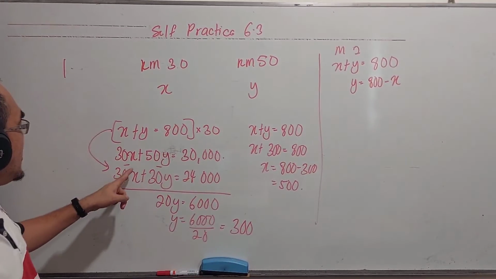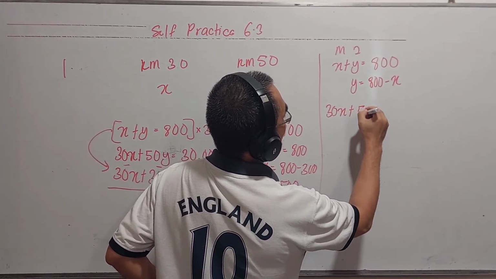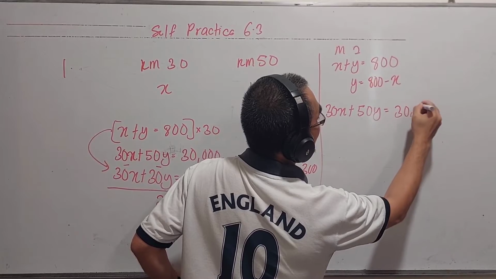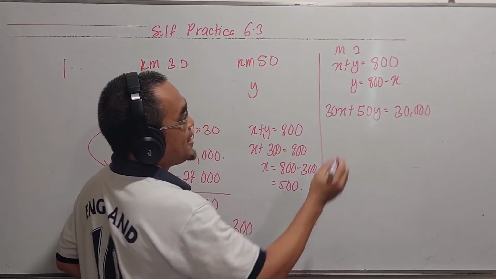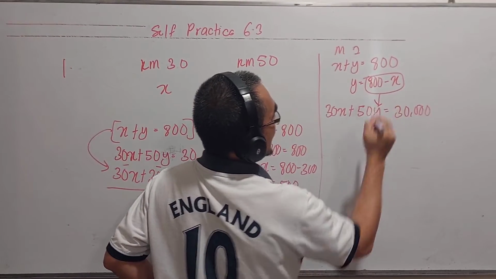And the second equation is 30x plus 50y equals to 30,000. So I will replace y as 800 minus x.